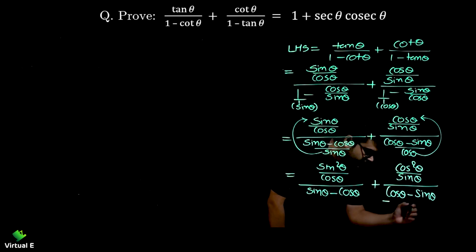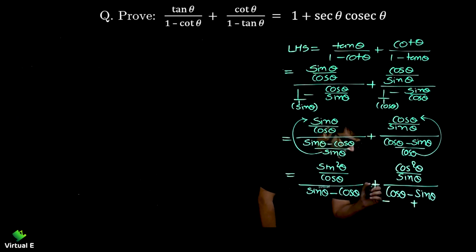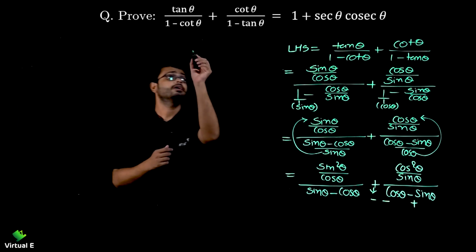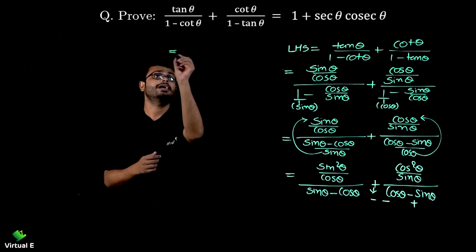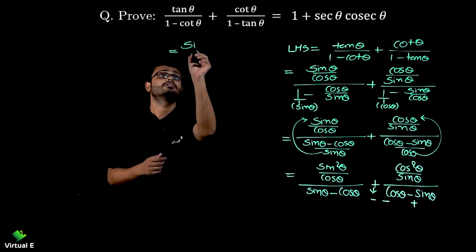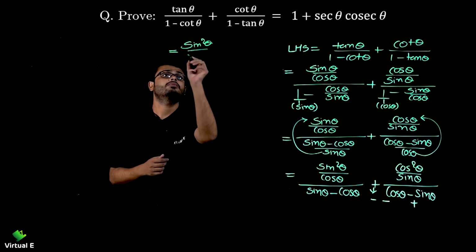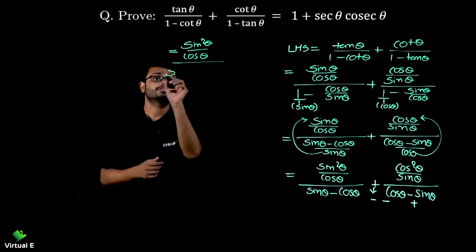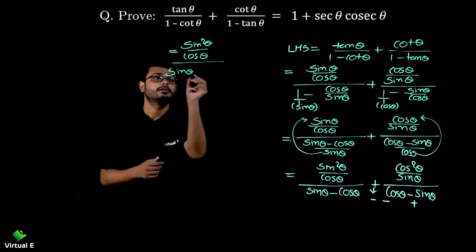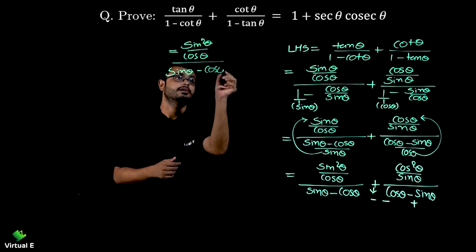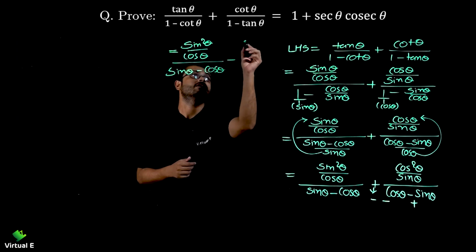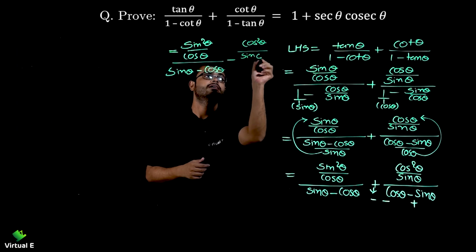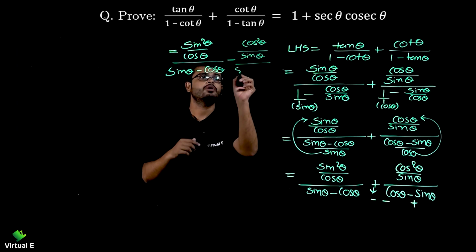This will become negative, this will become positive, and this negative will also become negative. So let's do it. Here the numerator I am going to keep as it is, which is sine square theta over cos theta, and the denominator is sine theta minus cos theta, and this will become minus cos square theta over sine theta, and the sign will be changed and it will be what?